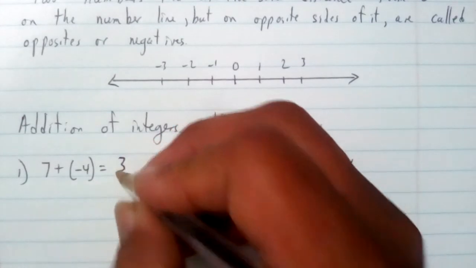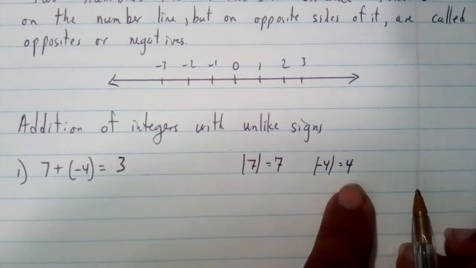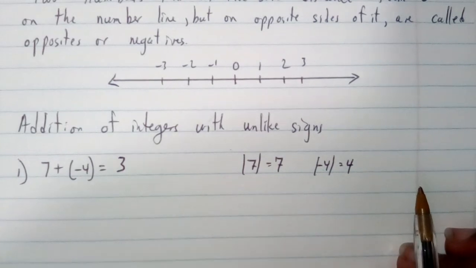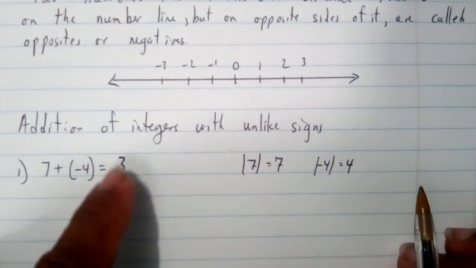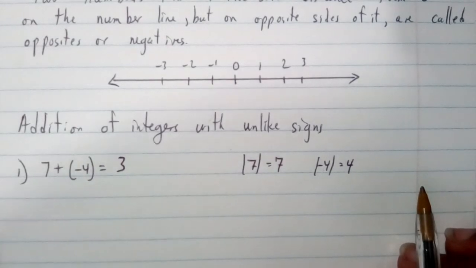However, which one of them is the largest value, the 7 or the 4? If you have chosen 7, that's correct, and we'll keep the sign of the 7, which is positive, so your solution is positive 3. There's no need to write the positive 3, that is understood.